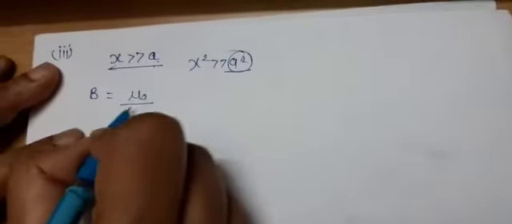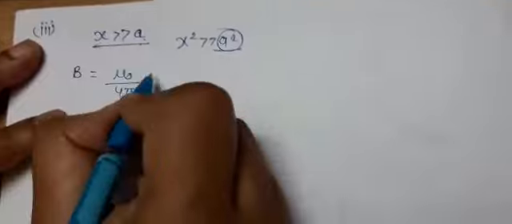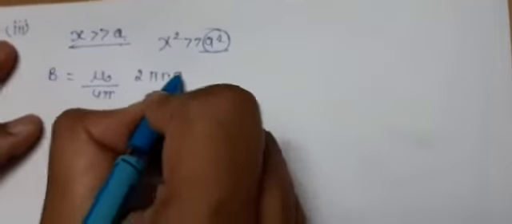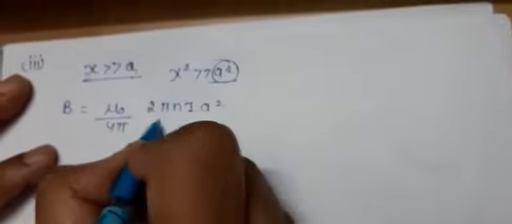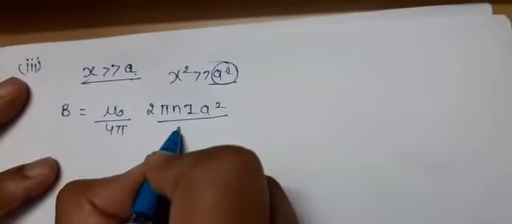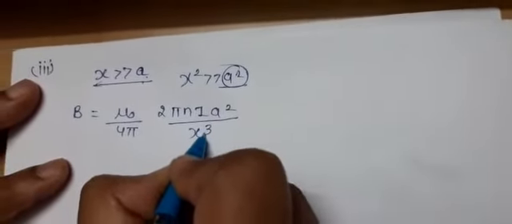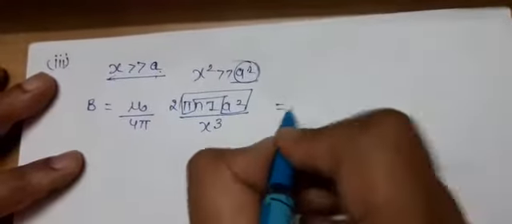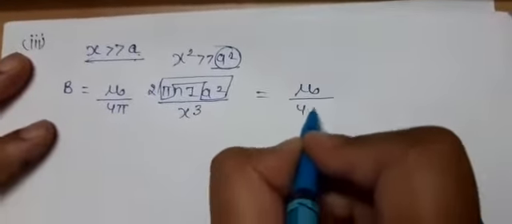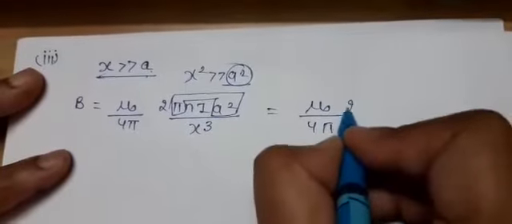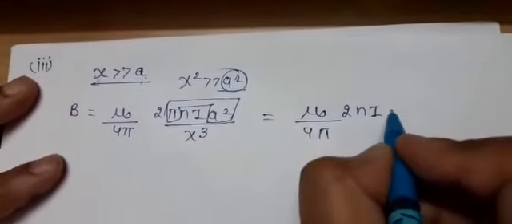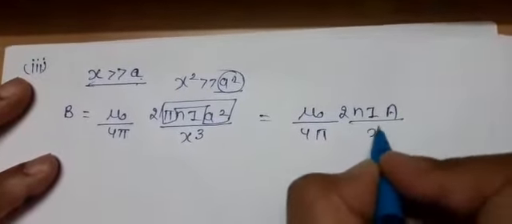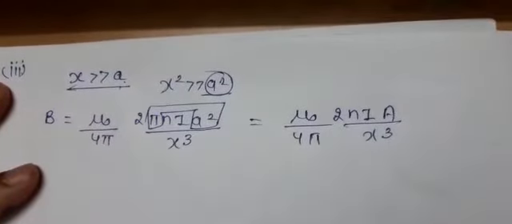Mu naught upon 4 pi, 2 pi n I a square upon x cube. Here pi a square is the area of the loop, so the result is mu naught upon 4 pi, 2 n I A upon x cube.